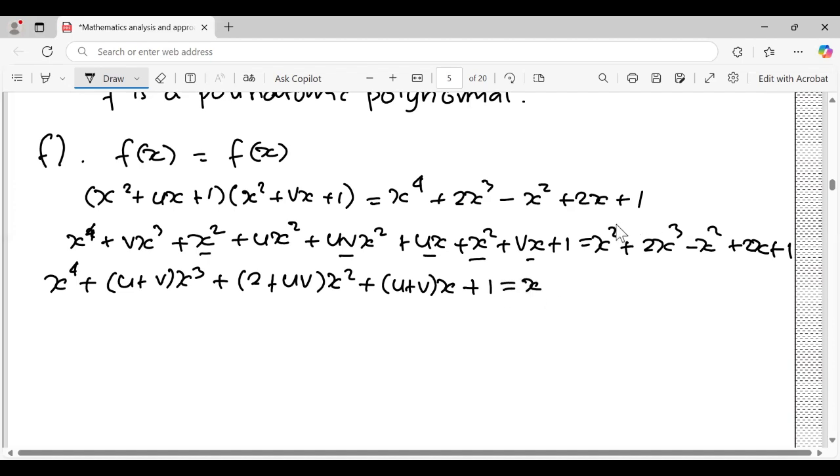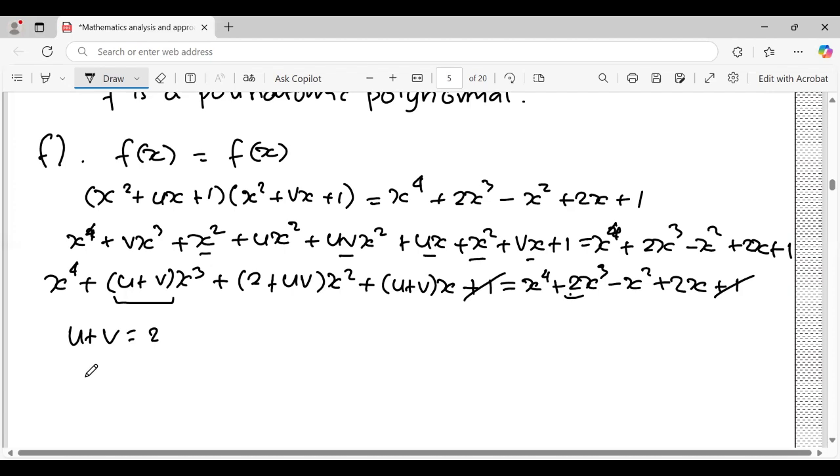The x to the power 4 terms match, and 1 minus 1 is 0. Now we look at this: u plus v equals 2.